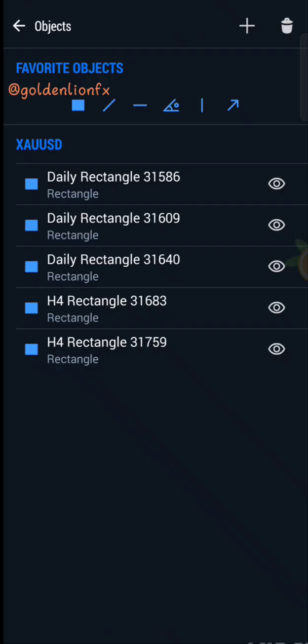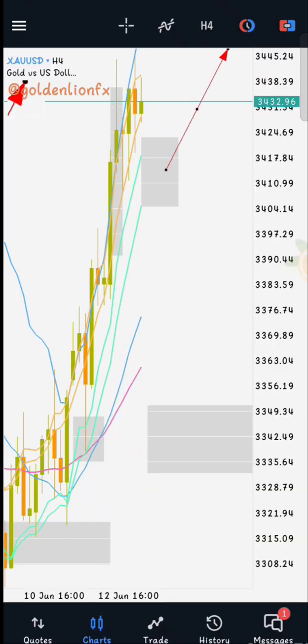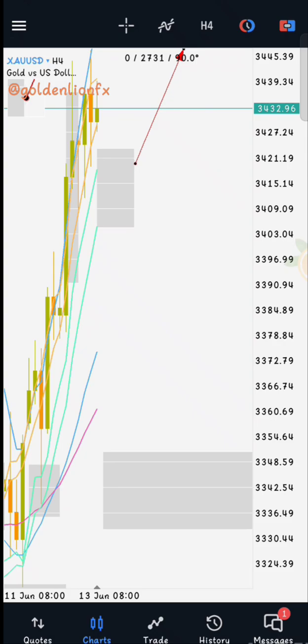We should expect re-entries at either H4. If price comes to H4, guys, only enter after a confirmation. I've always said that, only enter after confirmation, because sometimes price can come and it doesn't give a confirmation. In such a case, you are not supposed to enter. That is a rule for BBMA.